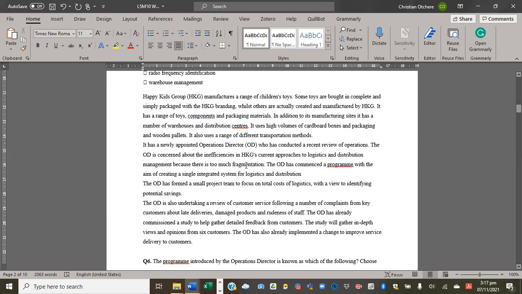When we talk about fragmentation, the meaning is disintegration. So the operations director has commenced a program with the aim of creating a single integrated system for logistics and distribution.